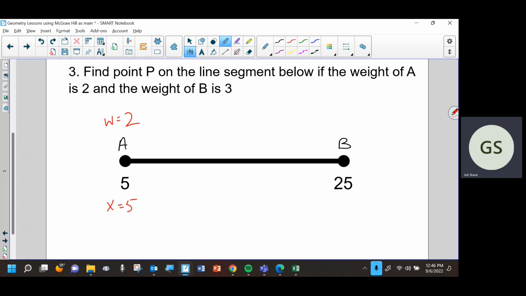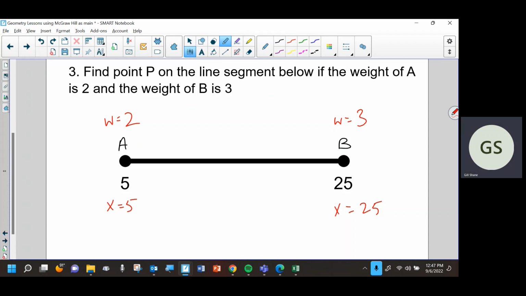If you don't automatically remember that, don't ever try to get the weights from the number line. That's the X values. The weights come from whatever it tells you in the problem. And if it doesn't tell you the weight of one of them, what's the weight? 1. And then just make sure that it makes sense that the weight is like 2 times or 3 times the other weight.